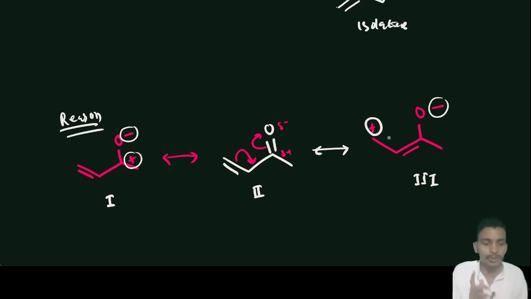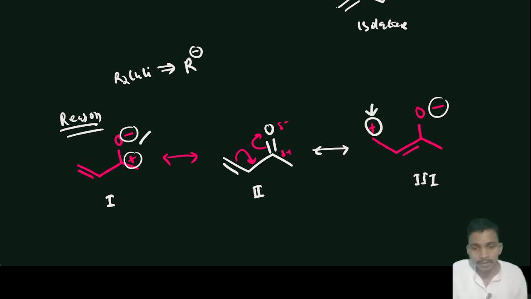It means that R2CuLi is a nucleophile, that is R minus, which will search for an electron deficient group, and the electron deficient positions arise: the first is here, another is here. Now this R2, since it is due to this copper, becomes a soft center, so this will attack this conjugate center, it will not attack this carbonyl center.